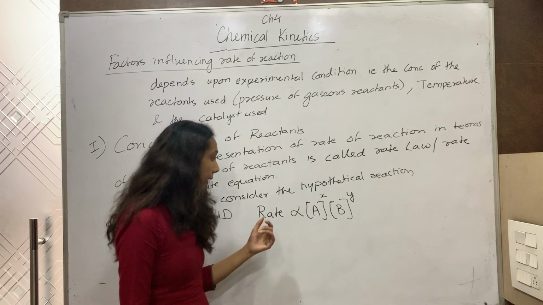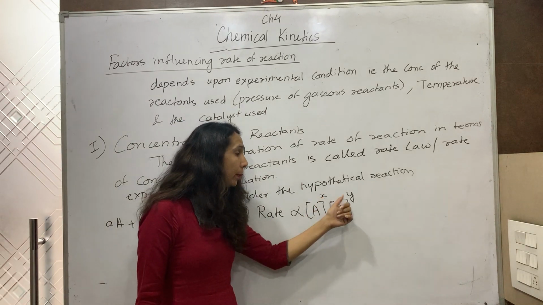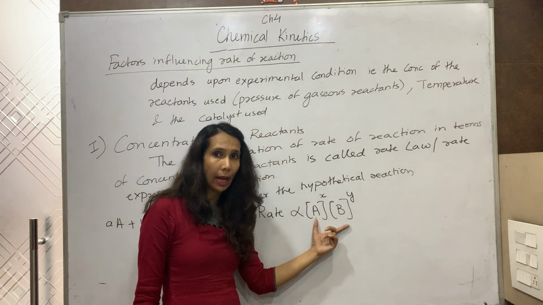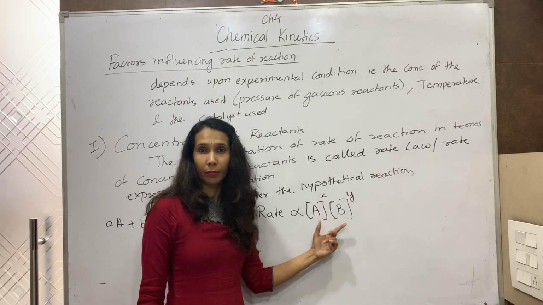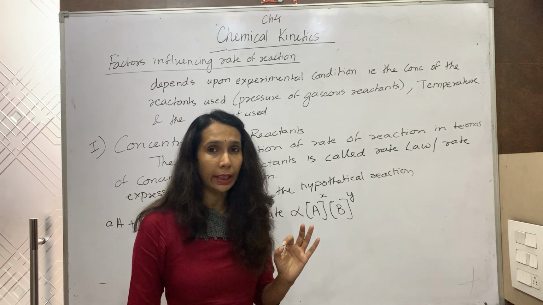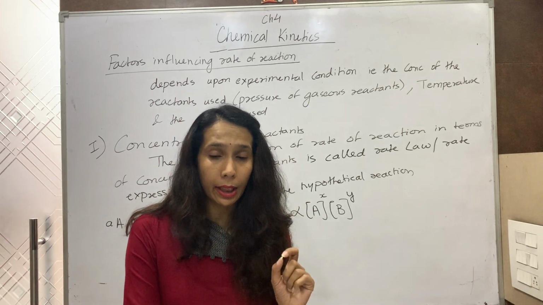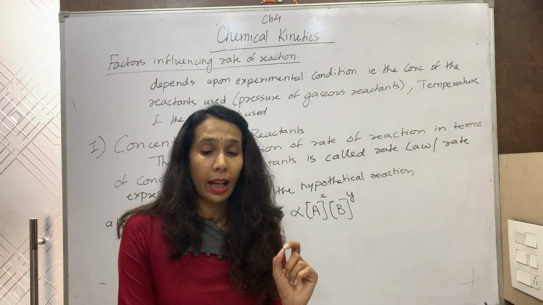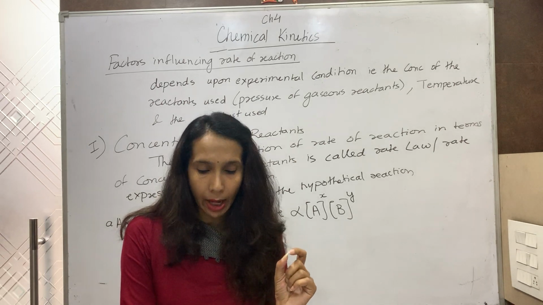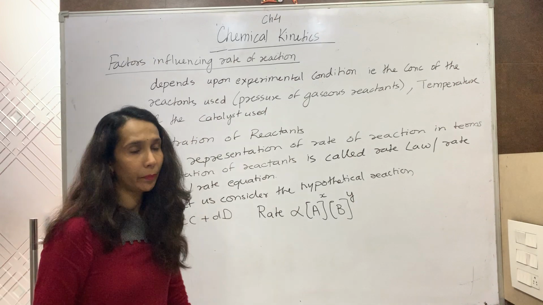X and y, that means which power of the concentration of reactants the rate depends upon, is determined experimentally. We cannot determine the rate expression theoretically from a balanced chemical equation. This has been determined experimentally.